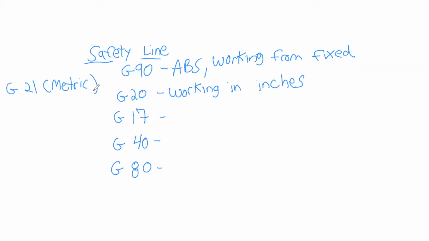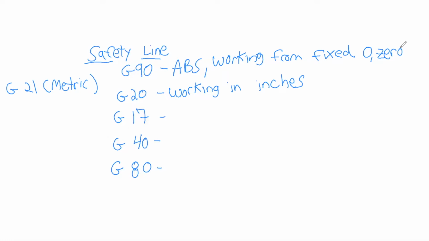So our first two codes, G90 tells the machine that we are in absolute programming mode, working from a fixed 0. And G20 is telling the machine that we're working in inches.